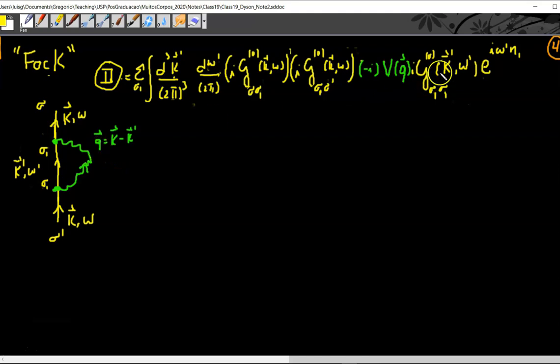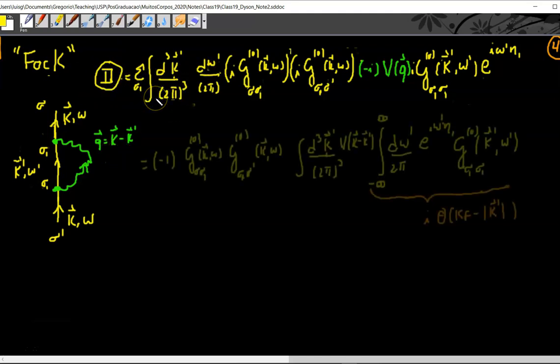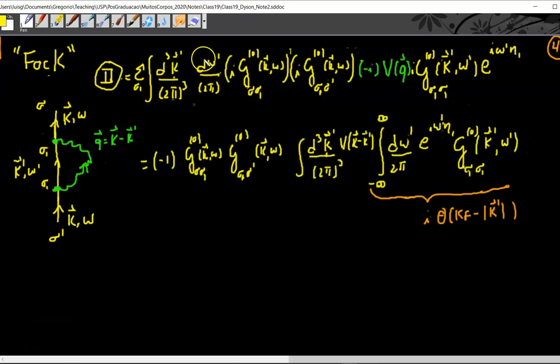Remember that the momentum of the interaction is k minus k prime, and it's not zero. This is important; that's the important difference from this diagram to the previous one. So let's do the integral in frequency that we did before. These two factor out. I still have to do the sum in sigma 1.